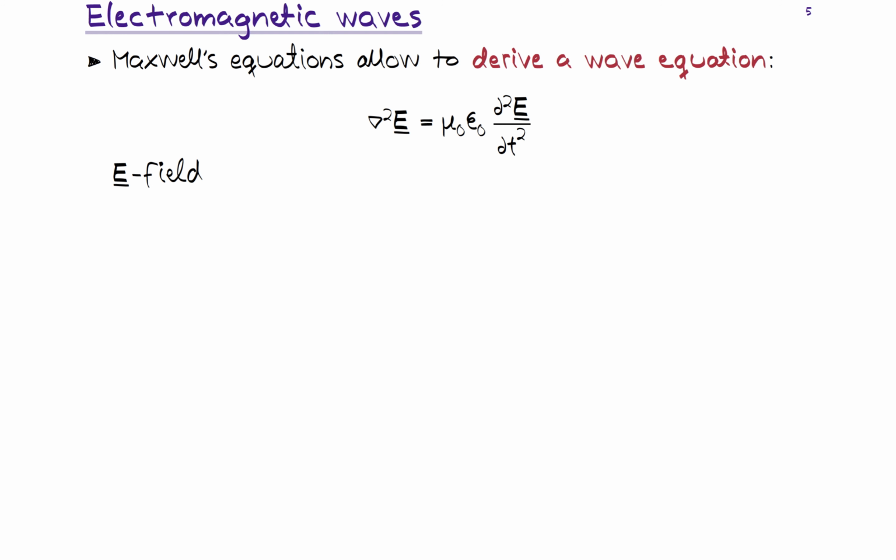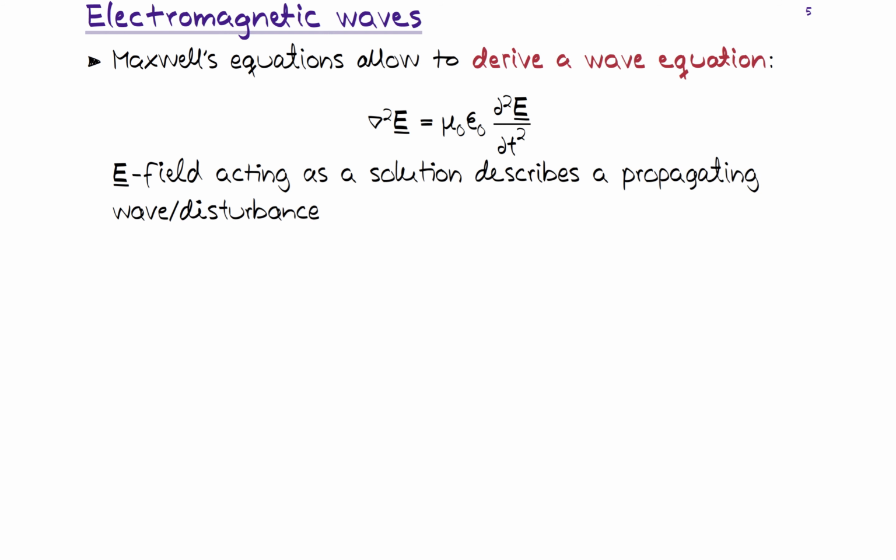So the electric field is a vector field, and basically this is a differential equation. On the left-hand side, we have spatial derivatives, and on the right-hand side, we have temporal derivatives. And if we find a field that is a solution to this differential equation, then we know that this solution describes a propagating electromagnetic wave or electromagnetic disturbance.